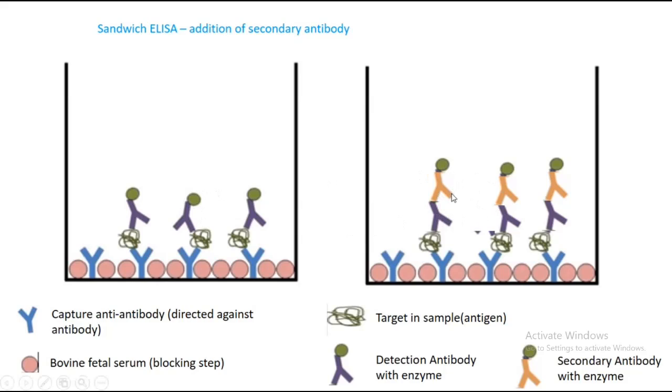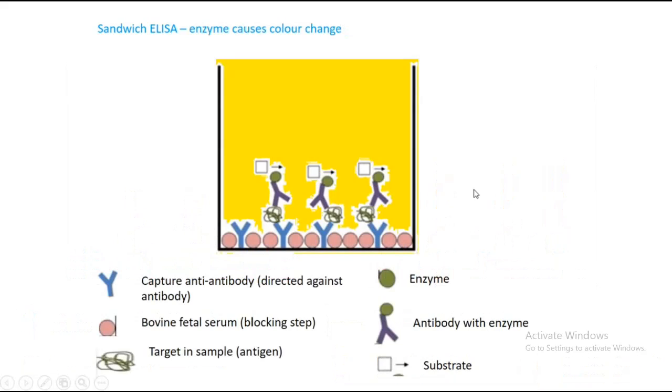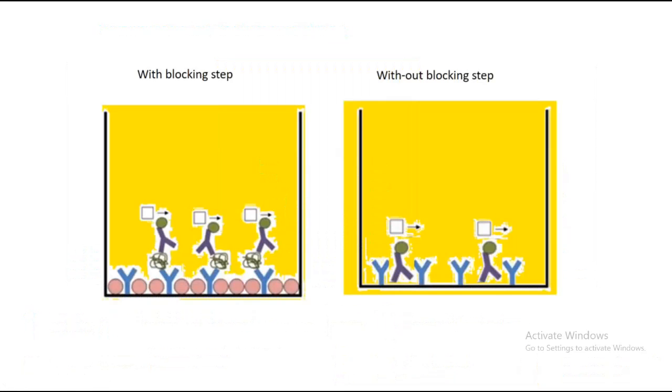Whereas in this assay, you have a detection antibody without an enzyme, and then you have the secondary antibody with the enzyme that will subsequently facilitate the color reaction. Okay? So in some ways, this is a direct sandwich ELISA and this is an indirect. Okay. And of course, you add your substrate and you get your color change.